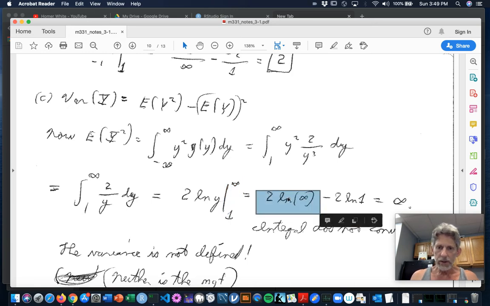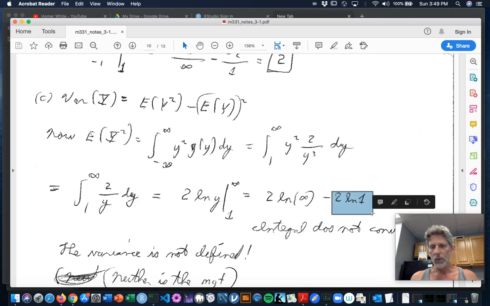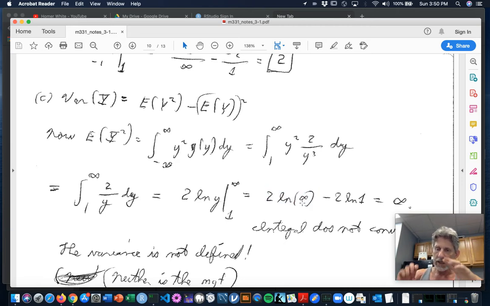So I plug in infinity, I plug in 1, I subtract, and log of 1 is 0. But what about the log of infinity? Really what's going on in your mind is log of n as n goes to infinity. When you think about the graph of a logarithm function, it looks like this.